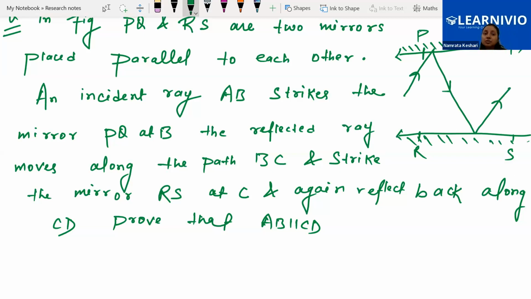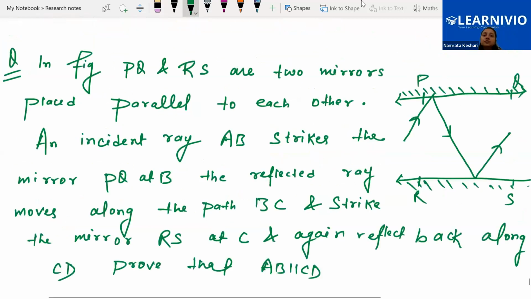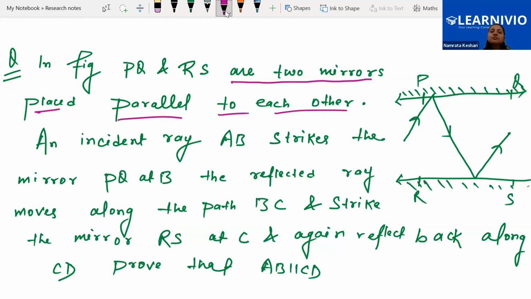Let's see what the question says. So in this figure, we can see what is PQ, we can see what is RS. These two are mirrors, PQ and RS are two mirrors placed parallel to each other. We already know that these two lines are parallel, a pair of parallel lines.